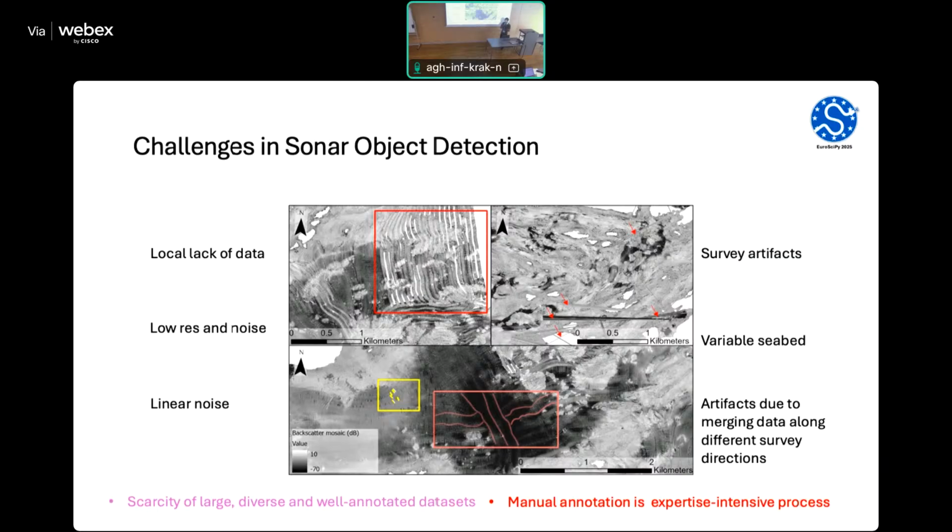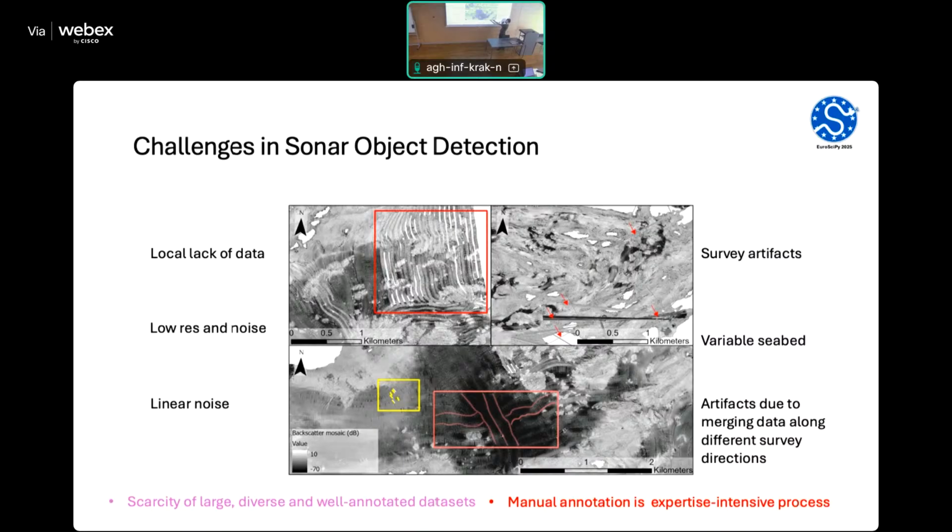First of all, there is a lack of local data. You can see the survey has been properly done, but has missed a lot of it. It happens a lot, especially in marine habitat surveying or when you are surveying for an offshore wind farm, because you don't want to spend a lot of money on it before making a huge investment. You have low resolution, you have noise in it.